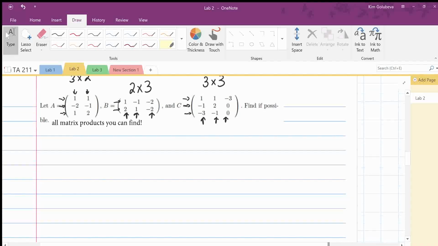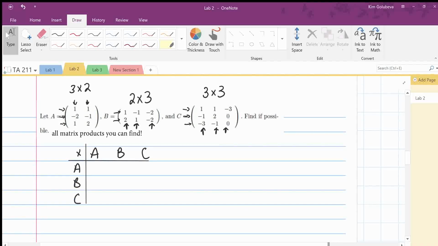Now an easy way to do this is to draw kind of a chart here. It makes it easy to see which products you can get. So what we're going to do is label this A, B, and C, and similarly A, B, and C. So we're just going to go through and see which matrices can multiply together based solely on the dimensions.